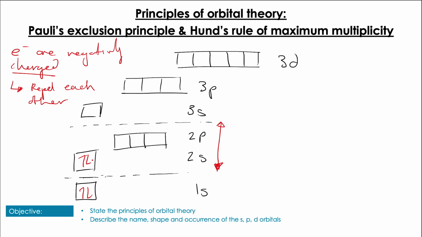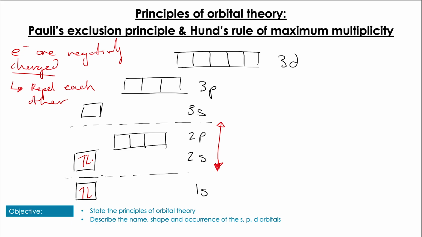And all they really mean is that electrons repel each other, which is going to drive the position that they go into the orbitals, and that no electron can have the same position, if you like, in the orbitals as another electron. Its spin or its energy level or its orbital must be different. The point being is we have to consider that electrons are negatively charged and they repel each other.